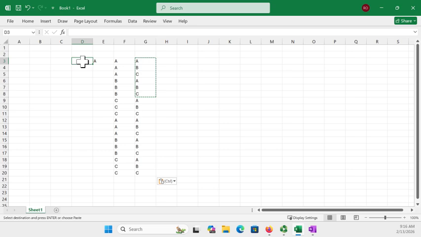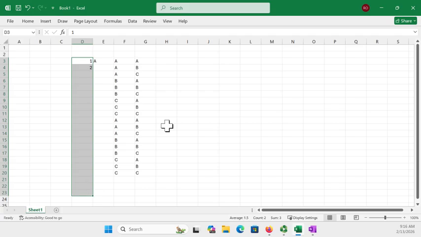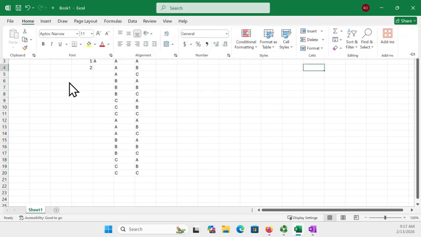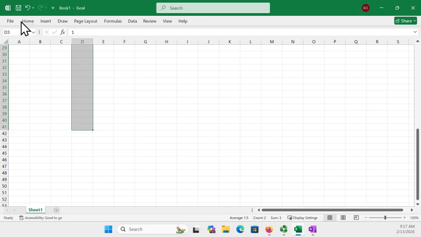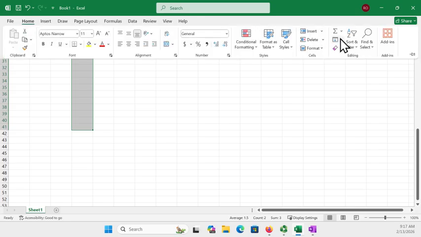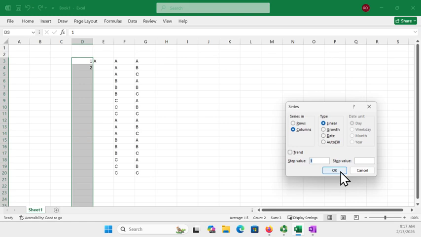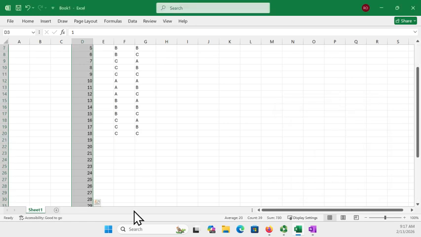So we're going to do 1 and 2, and then I'm going to use the fill command to copy these down. Series, step 1, and I only need 27.